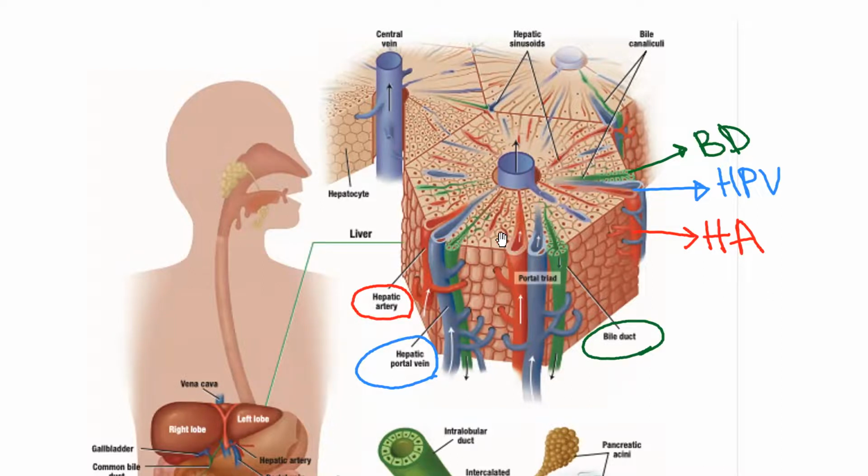All the cells which you can see here are hepatocytes or liver cells. And between the hepatocytes, you can see blood sinusoids, or you can see tiny bile ducts, which we call bile canaliculi. So between the cells, we have hepatic sinusoids and bile canaliculi.